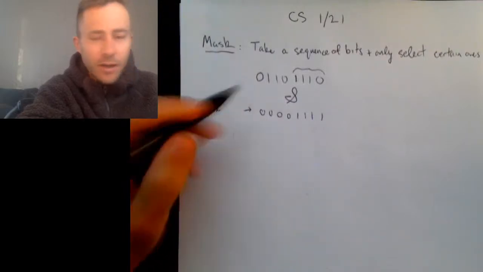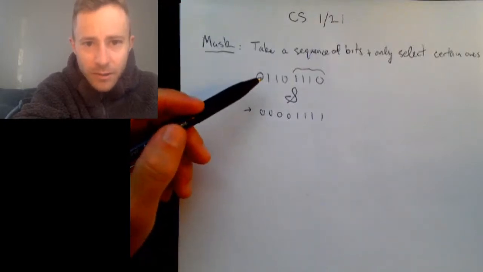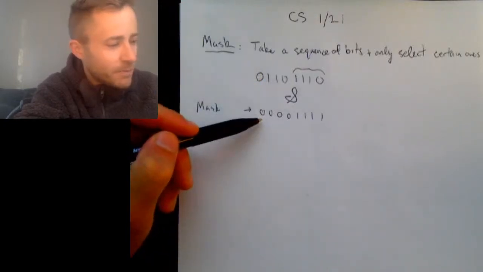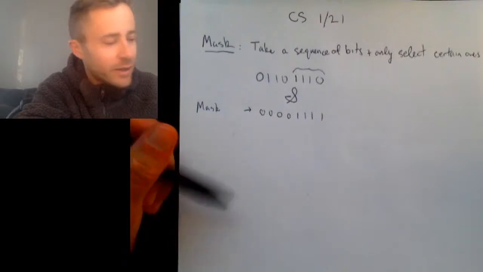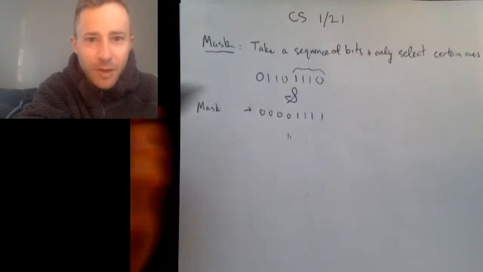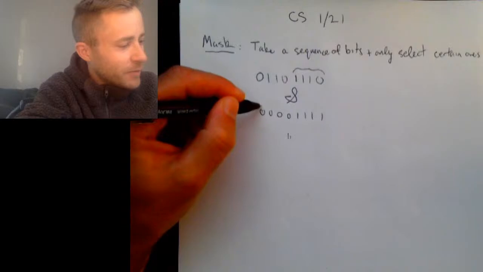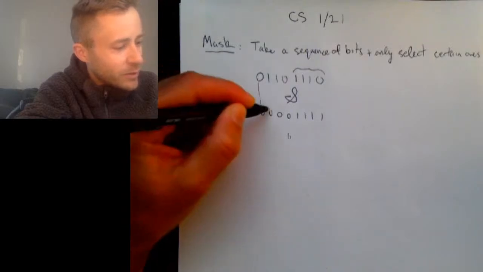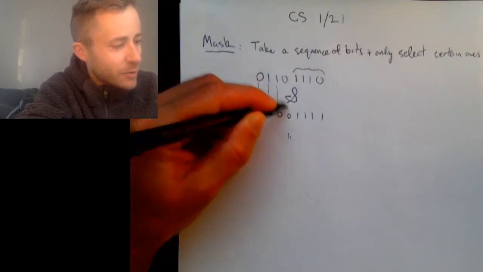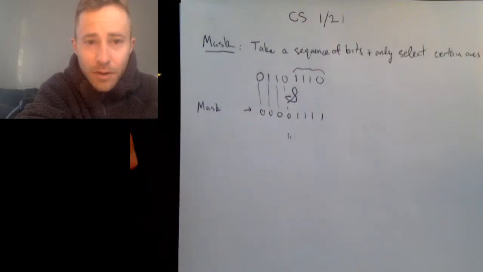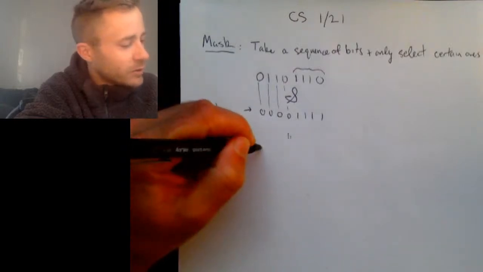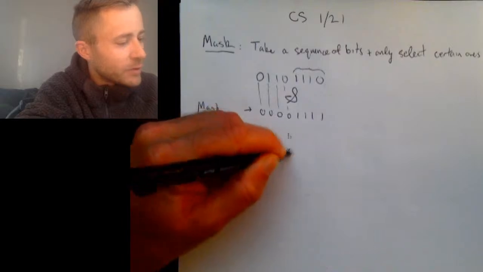Because if you take any bit and you AND it with 0, it's going to give 0. So basically, these 4 bits that get ANDed with 0 are just going to get killed. So we'll get 0, 0, 0, 0.